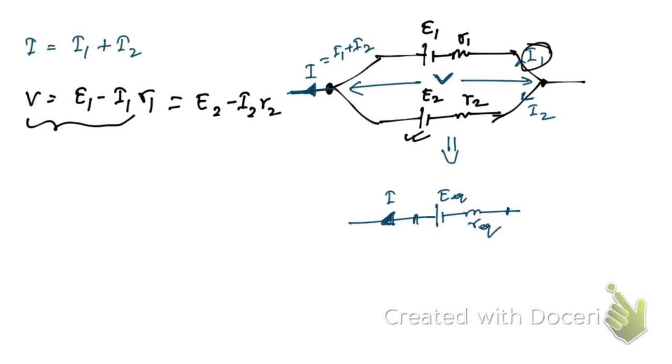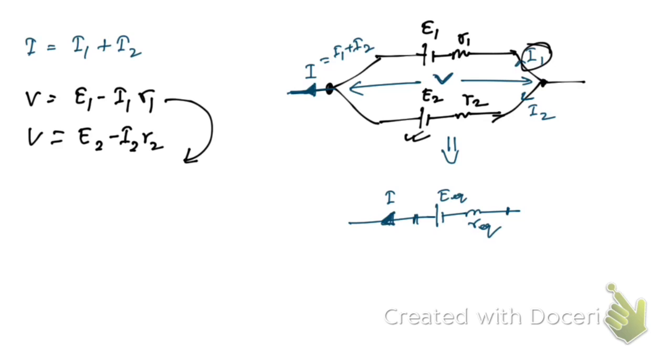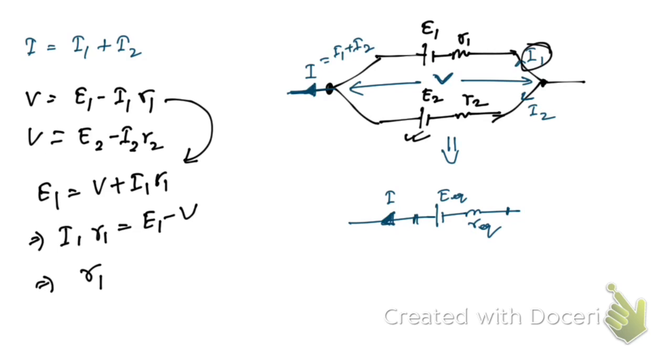Now from this relation, let me write V. We get E1 is equal to V plus I1 R1, or you can write I1 R1 is equal to E1 minus V. So I1 will be equal to E1 minus V by R1.